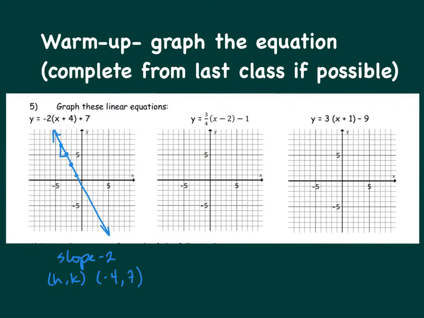That's our line. On the second one, we have a slope of 3/4 and an h, k of (2, -1), because this is a minus.